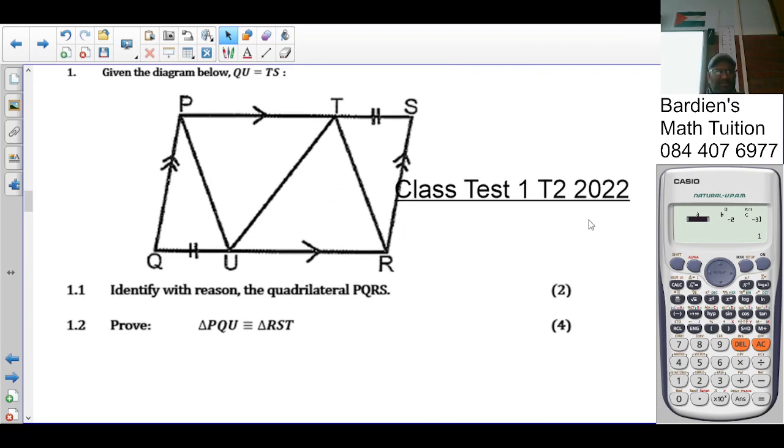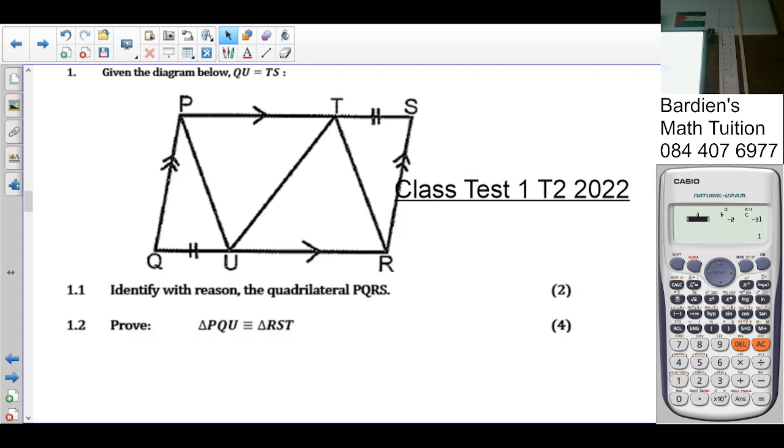So here we are told that, given the diagram below, QU is equal to TS. Identify with reason the quadrilateral. So you must say what type of quadrilateral this is. And what type of quadrilateral is this?